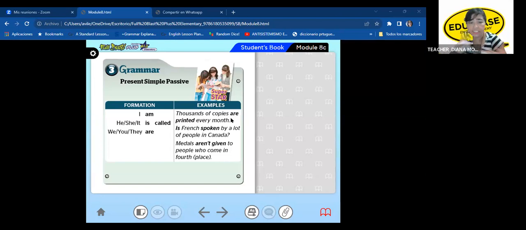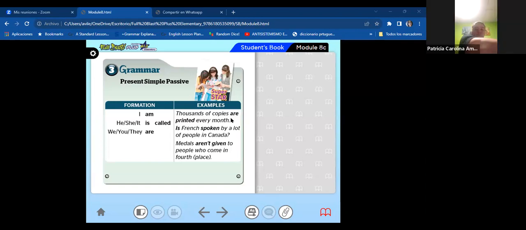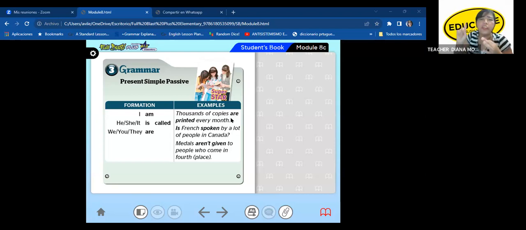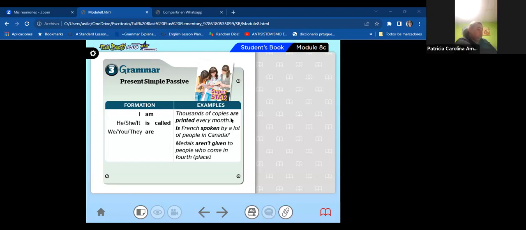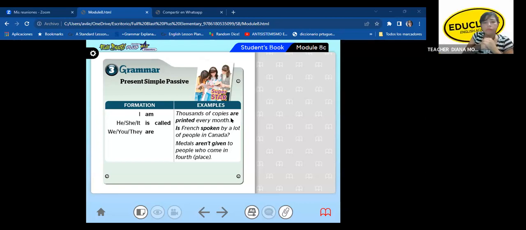It doesn't say, it doesn't mention. The important thing is the action, that they are printed, and they are thousands. Who prints them? Maybe students, maybe people at the office, people at home, professionals, all people. It doesn't say who.